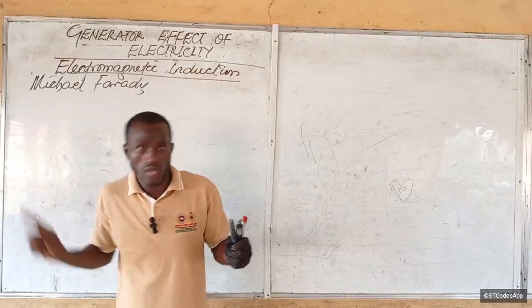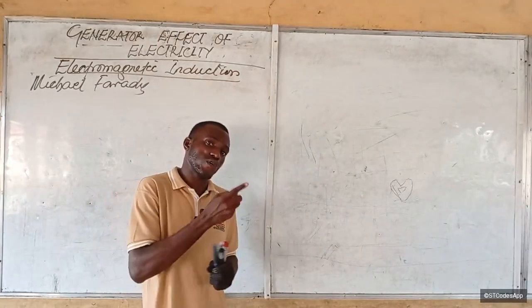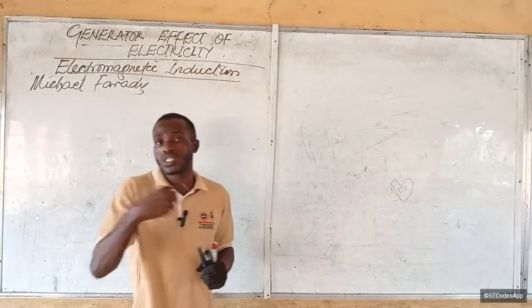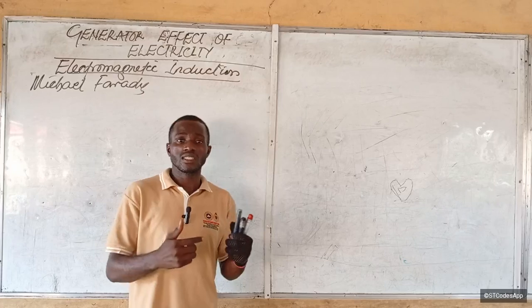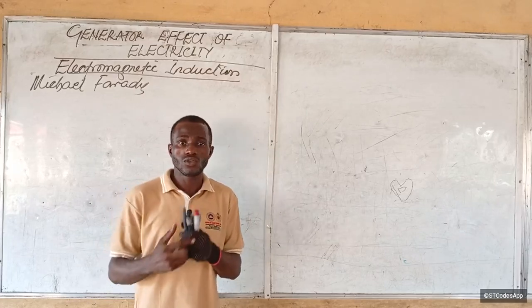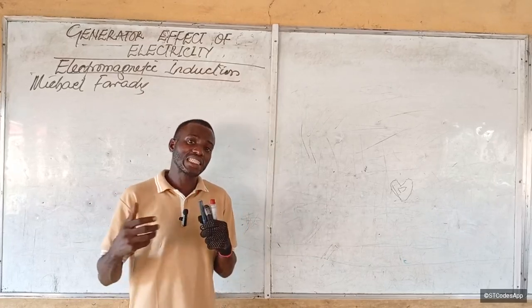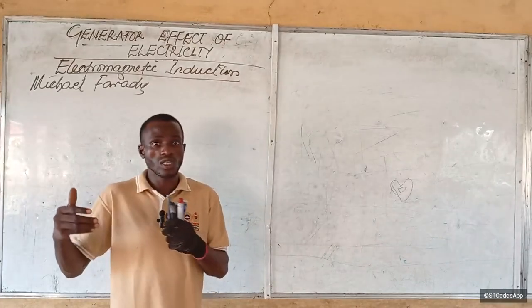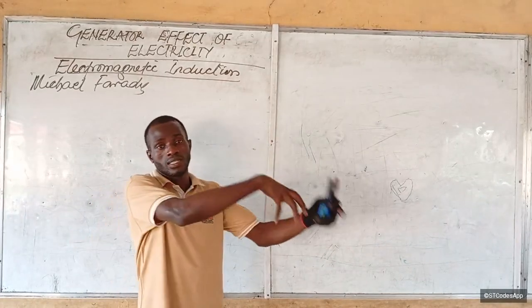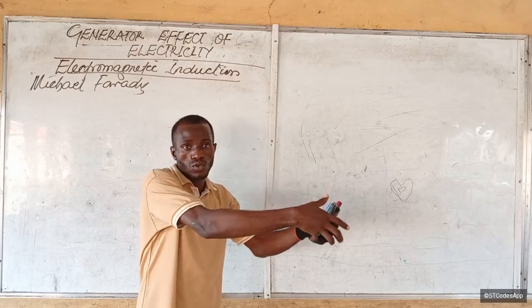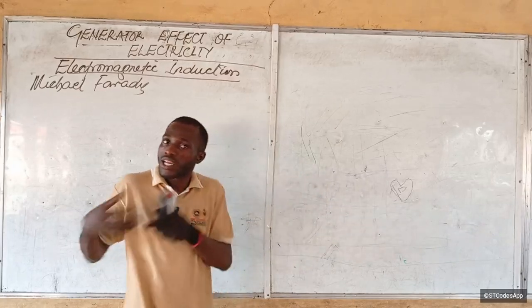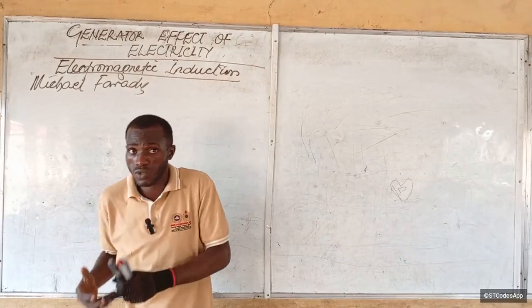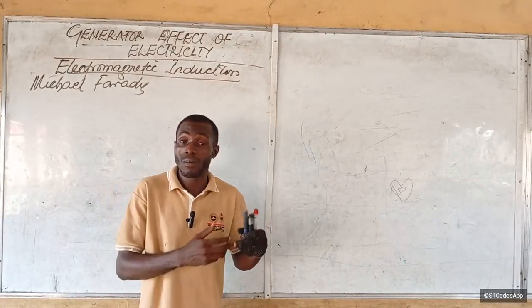In a wire that had current flowing through it, there was a magnetic field around it. That was what we saw in 1819 to 1820, according to Ørsted. And so it made sense to say that a magnetic field could also generate electricity, since electricity could generate magnetism.